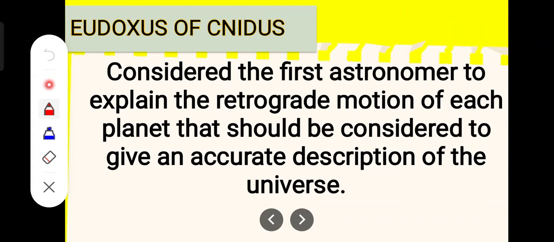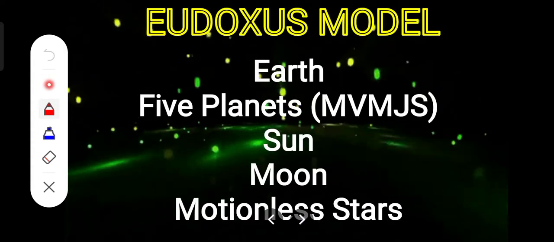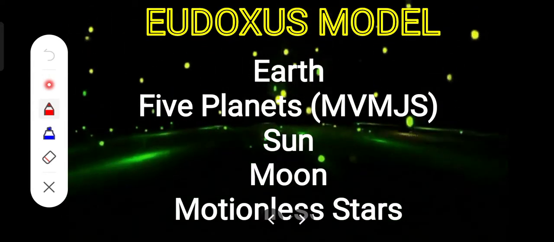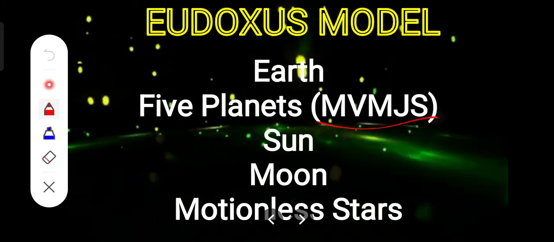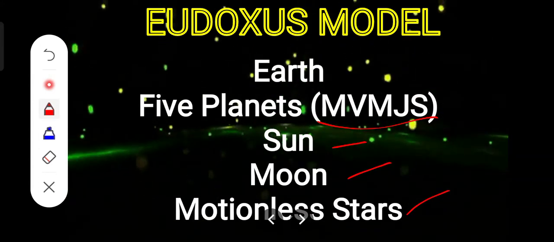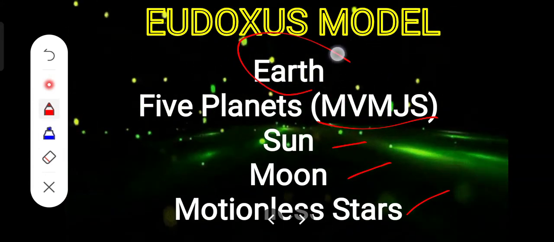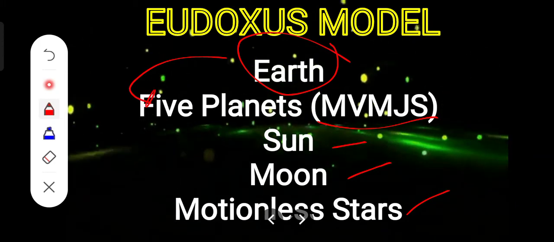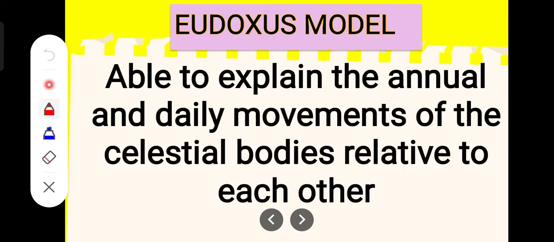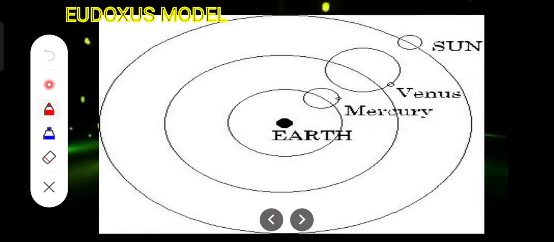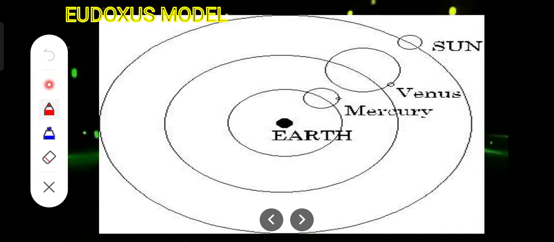In the Eudoxus model, it contains the Earth, the 5 planets, Mercury, Venus, Mars, Jupiter, Saturn, the Sun, Moon, and motionless stars. Why is Earth not included in the 5 planets? That is because in the Eudoxus model, Earth is the center of the universe. Okay, so that one is the Eudoxus model.